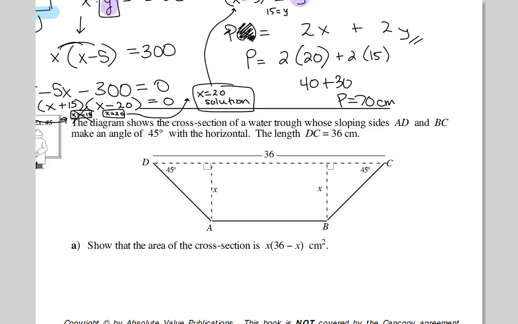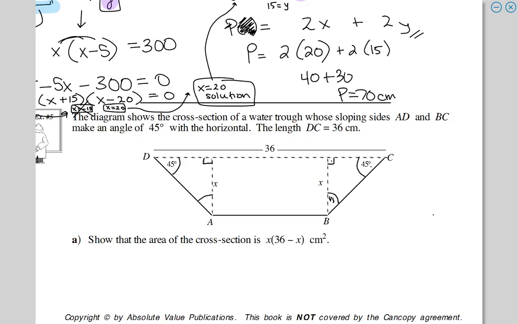So they've given us this 45 degree to the horizontal, and they've also given us this 90 here. Okay. So what does that mean this angle is down here? How do you know that? Because if this is 90 and this is 45, the only angle left is 45. You can subtract from 180 to realize that.